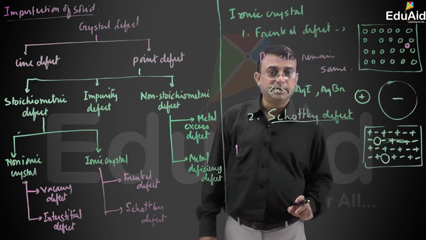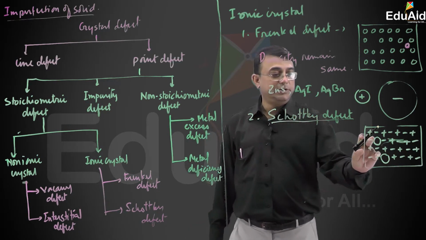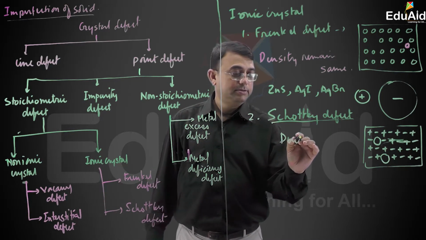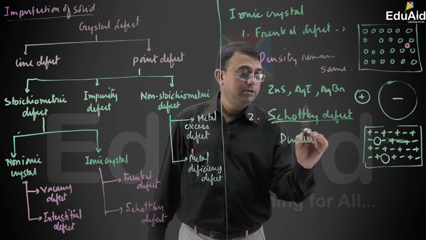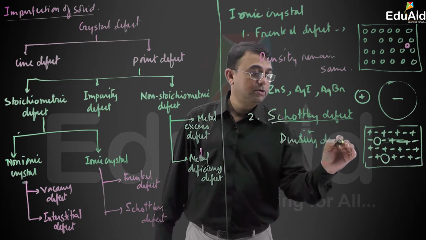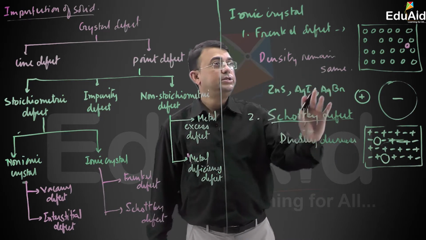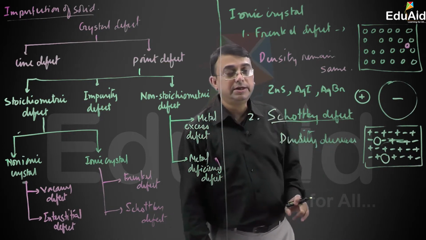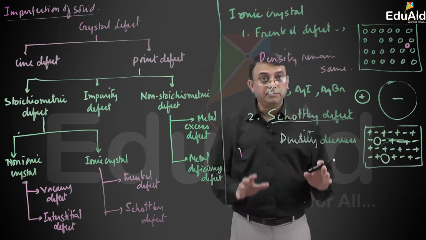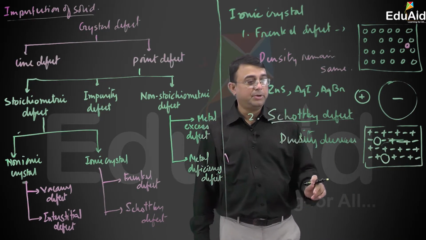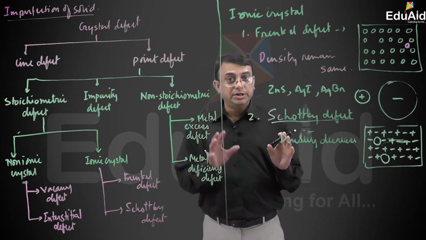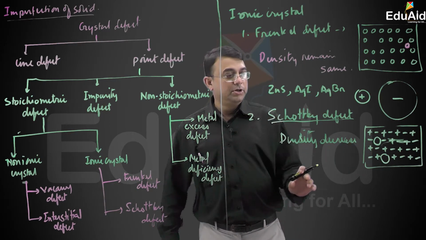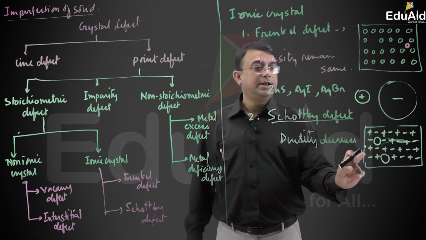Since empty places are created here, the density decreases. In Frenkel defect the density remains the same, but in Schottky defect the density decreases, since cations or anions are missing from the crystal. Some particles are missing. And since an equal number of positive and negative charges are missing due to Schottky defect, electrical neutrality is maintained.